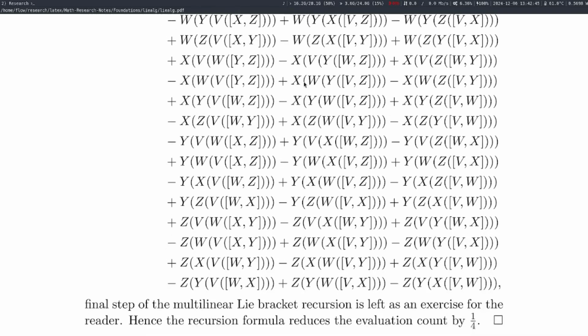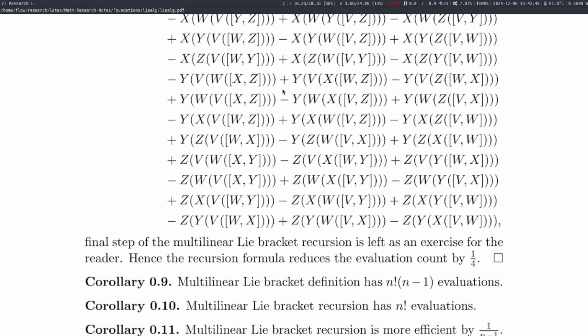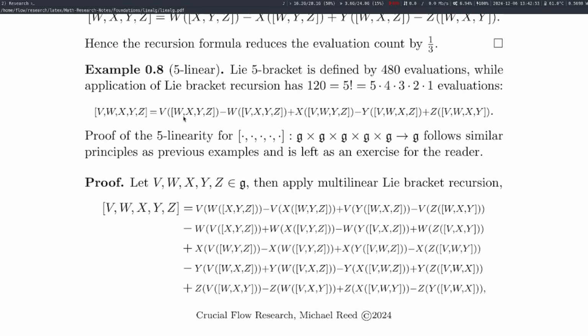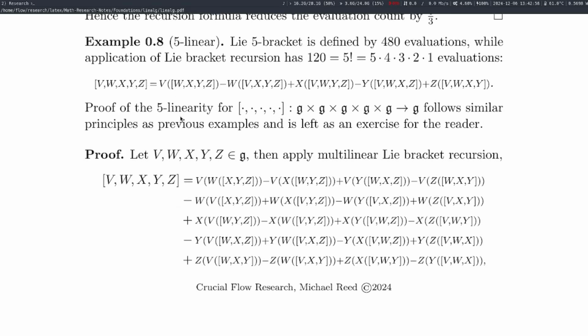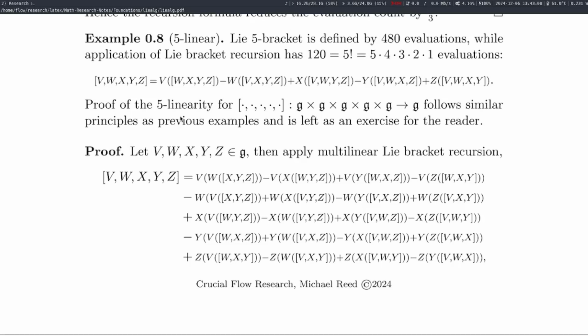And yeah, so that already takes up a lot of space, a lot more space than this nice formula in terms of 4 brackets, right? So the Lie bracket recursion formula really allows us to express what a 5 bracket, like a multilinear bracket with 5 linear case, means.